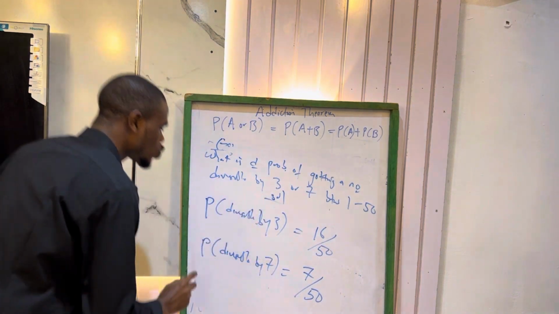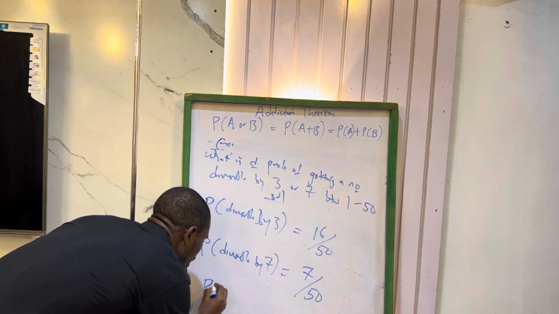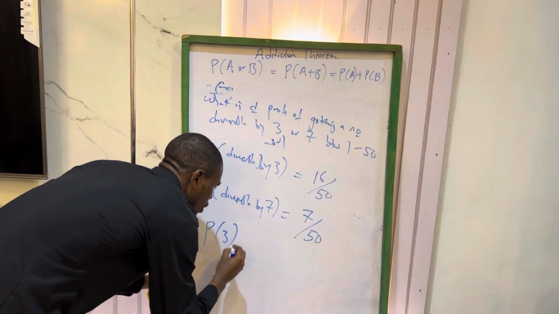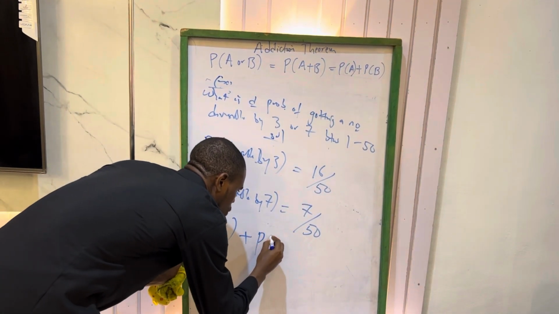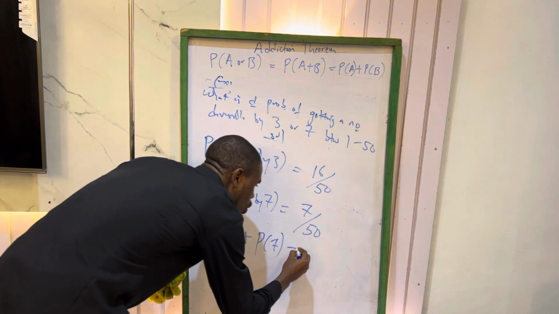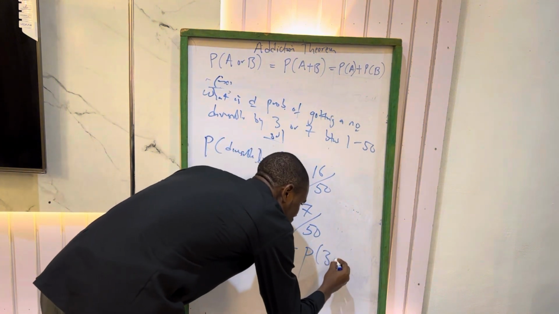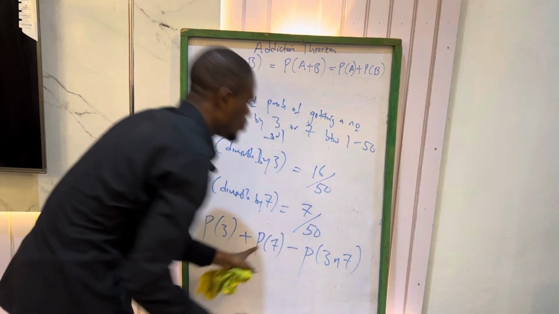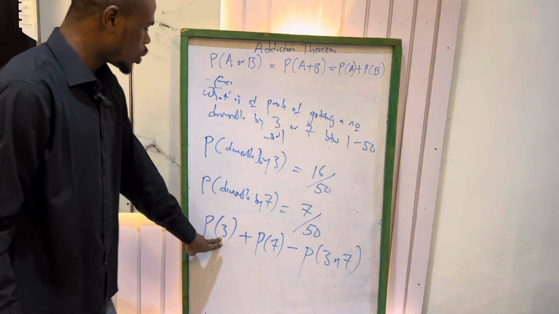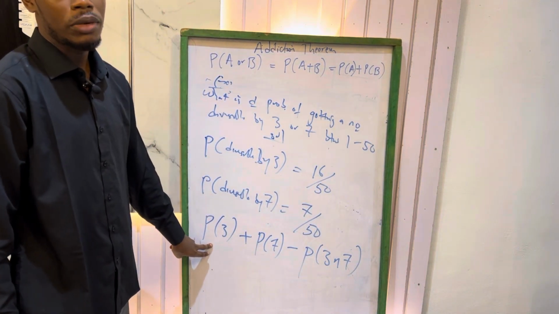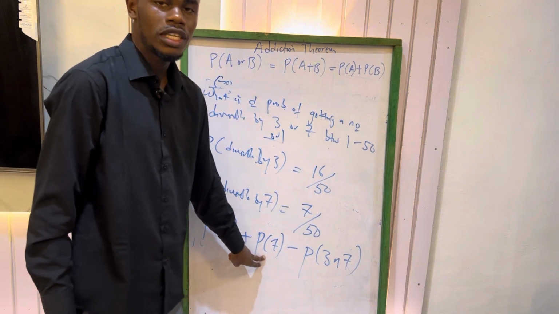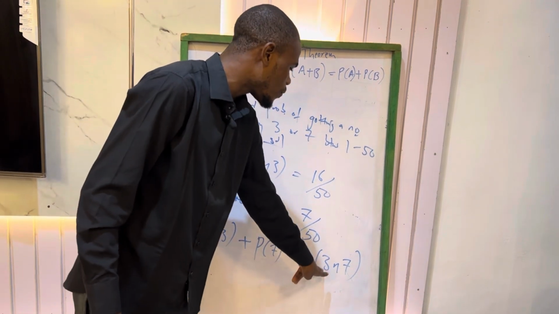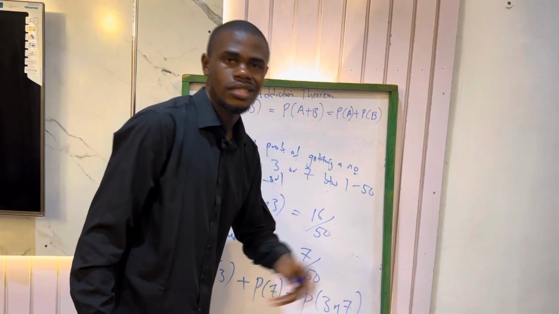In cases like this, we have P(3) plus P(7) minus P(3 intersect 7). I'm just using this to explain it: the probability of it being divisible by 3, the probability of it being divisible by 7, and the probability of it being divisible by 3 and 7.